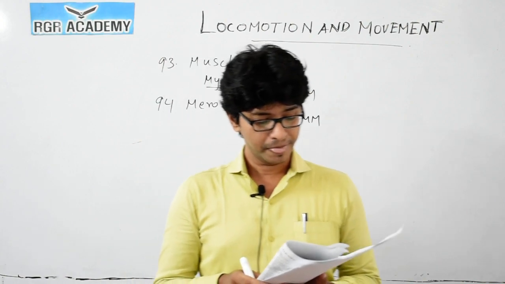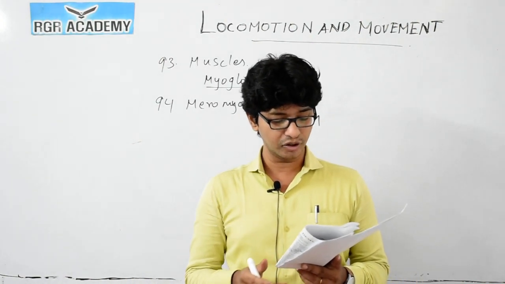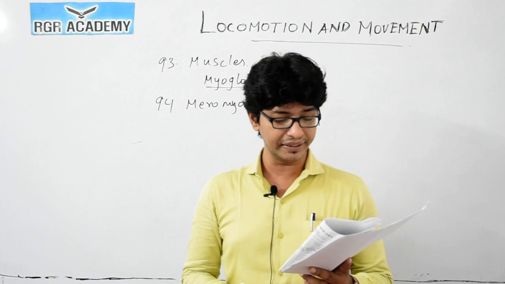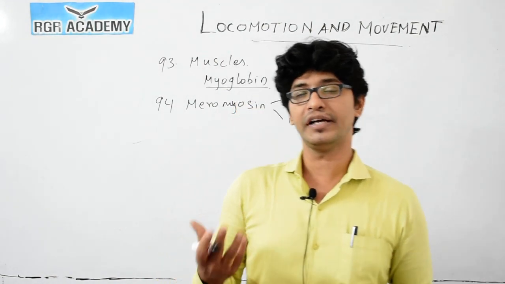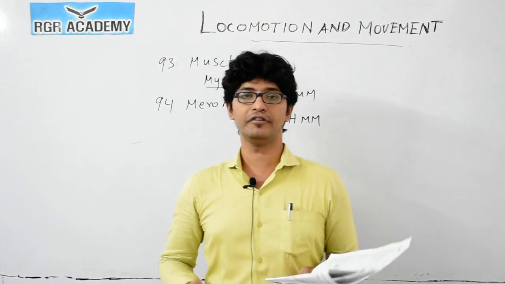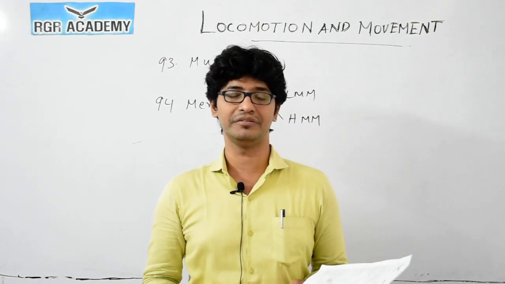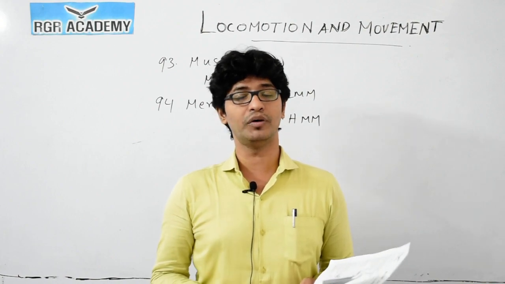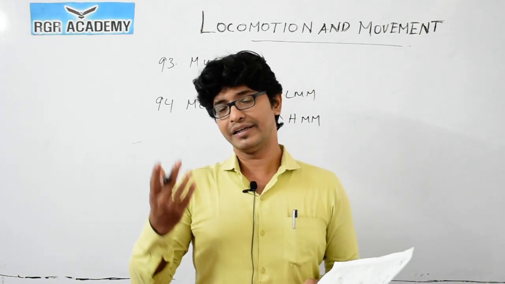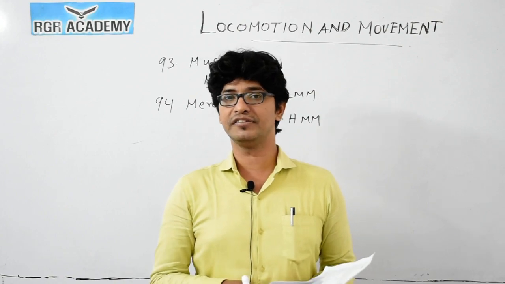So, option 2. 97, anaerobic breakdown of glycogen due to the repeated activation of muscles leads to the accumulation of what? Lactic acid. If you are an athlete running very fast on the ground, at one point of time the muscle goes to a fatigue condition, the muscle goes weak. This is due to the accumulation of lactic acid. Once the lactic acid comes, there will be a lack of oxygen and more carbon dioxide will be accumulated.